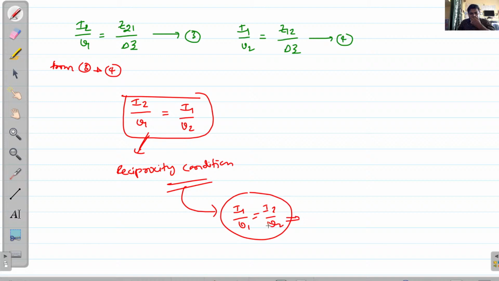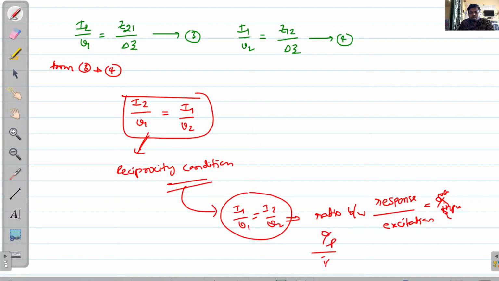ఆల్రెడీ మీకు చెప్పాను. ఓకే, మీరు చూడాల్సింది ఏంటి, రేషియో బిట్వీన్ response to excitation, but not the terminals. Okay, response to, that means output to input. అవుట్పుట్ టు ఇన్పుట్ రేషియో మాత్రమే మీరు చూడండి. టర్మినల్స్ ఏంటనేది మీకు అనవసరం.